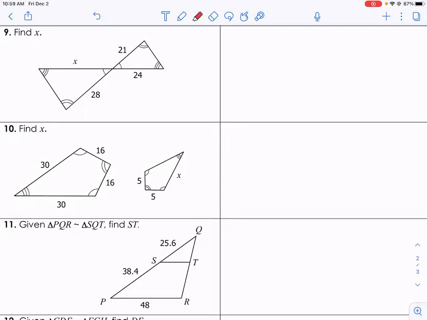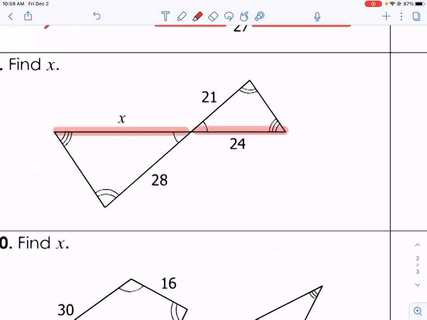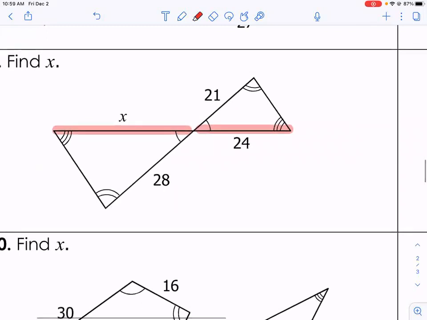Bennett, what side corresponds with the side I'm going to call X? Bronson, is Bennett correct? How do you know that? Our angle labels, there's an angle with 1 swoop and an angle with 3 swoops.